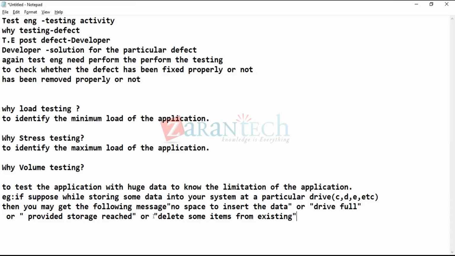Then you're getting one message: no space, please remove some milk from here, or else take another box to fill the milk. Like this, you're getting some indications, because your aim here is testing the application with huge data. That's it. Clear?